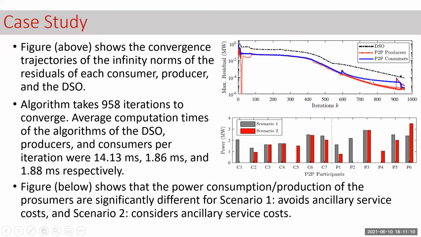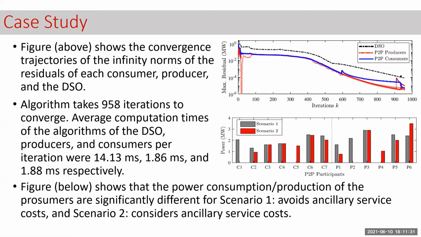Here there will be 13 curves, blue and red curves, to show how every local algorithm terminates and comes to a conclusion. Because there will be 13 prosumers and 1 DSO, that means 14 market participants.